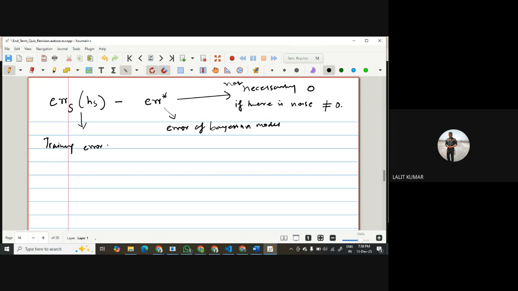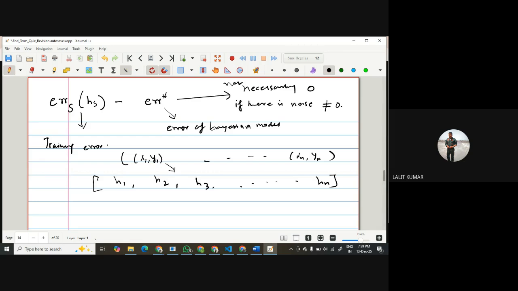Now, to understand this training error, we have a data set x1, y1 up to xn, yn. We have a hypothesis class. We have various models, h1, h2, h3 up to hn. We train, and we take the best model we have got.